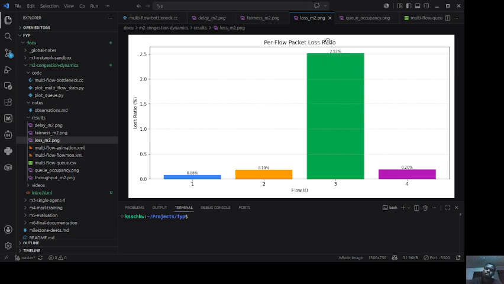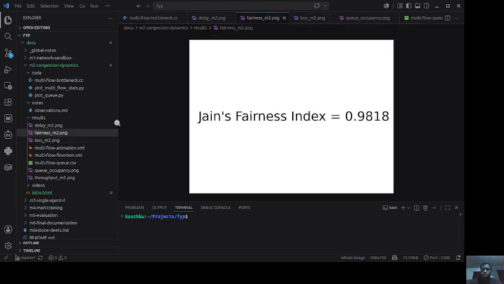So now I'm just going to go to the fairness. Jain's fairness index came out to 0.98, very close to 1, which means it's almost perfectly fair. This might surprise you because CUBIC got 30% more throughput than BBR, but fairness is not about tiny differences.